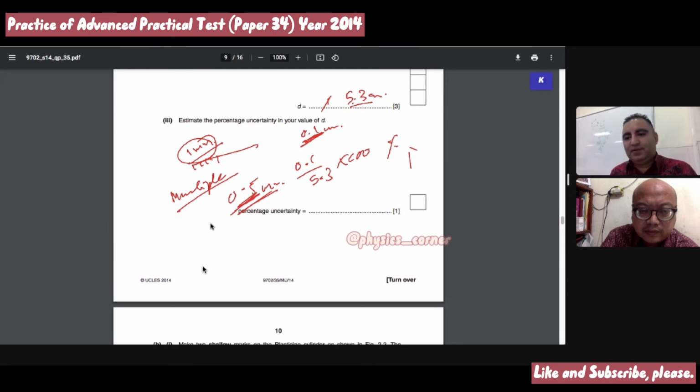So the half small square is also true, but for that case you will have to take the average of 2 or more data. Because if you take the average, the uncertainty decreases, that's why they say 0.5. But if it is only one reading, then the uncertainty is 1 mm.